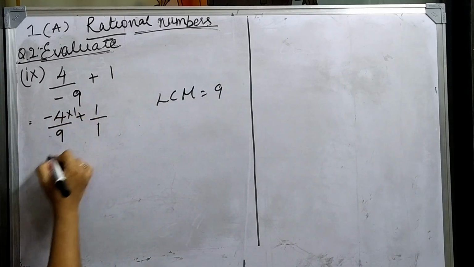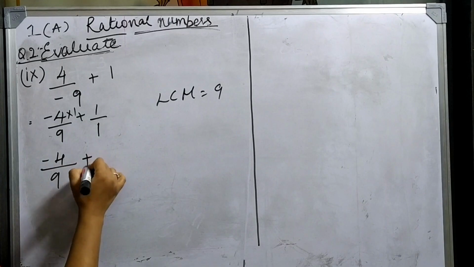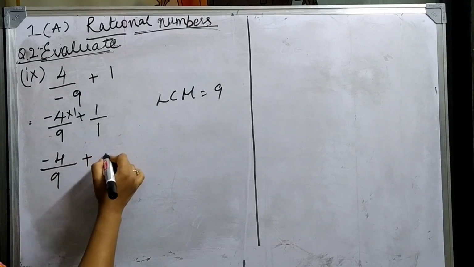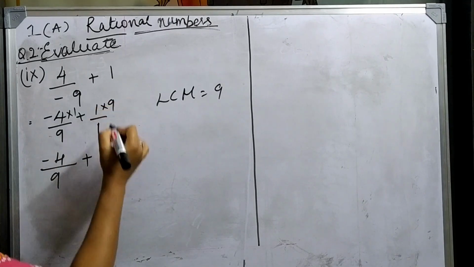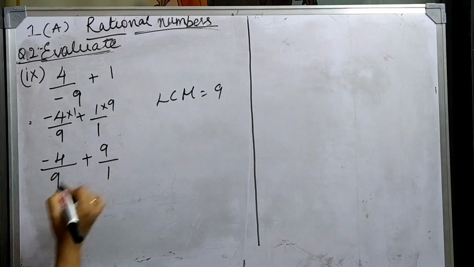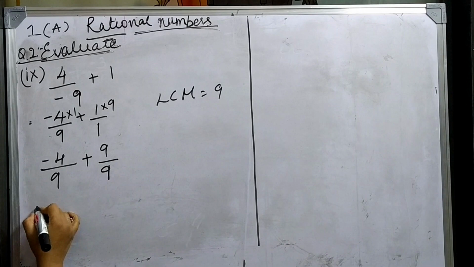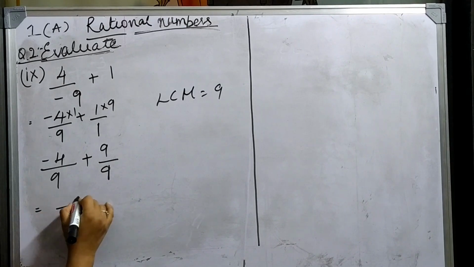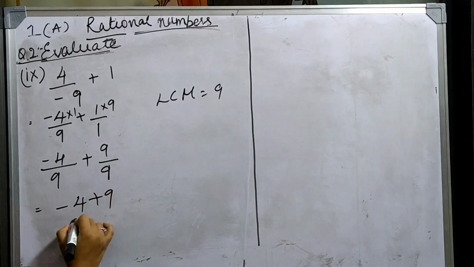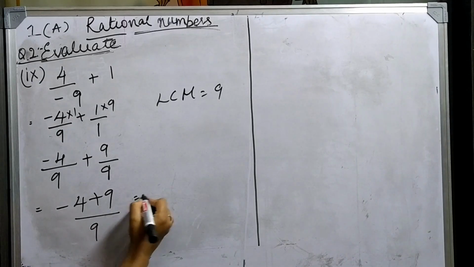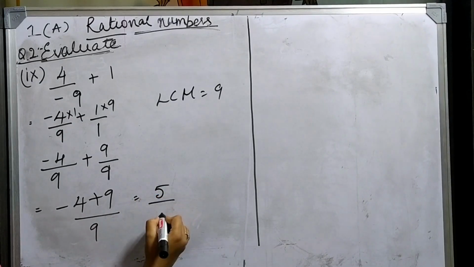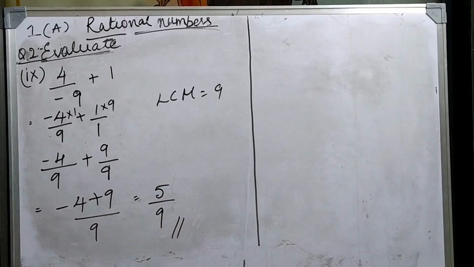So minus 4 into 1 is minus 4 plus 1 divided by 9 is 9, which is 1 into 9, which is 9 by 1. Sorry, 9 by 9, which is minus 4 plus 9 divided by 9, which will be 5 by 9.